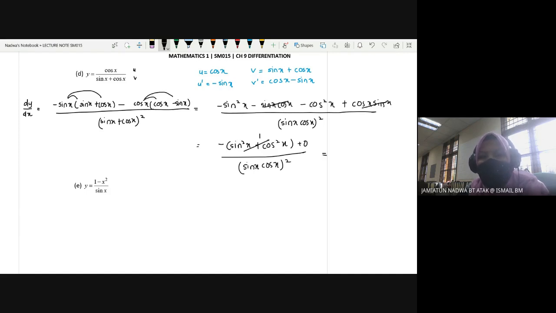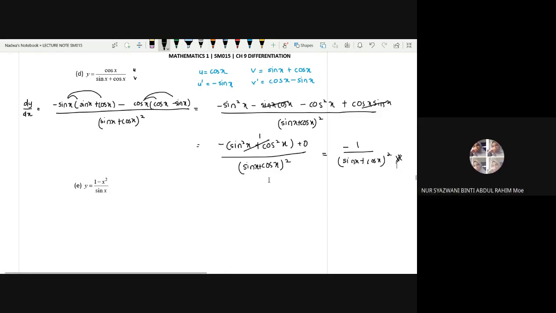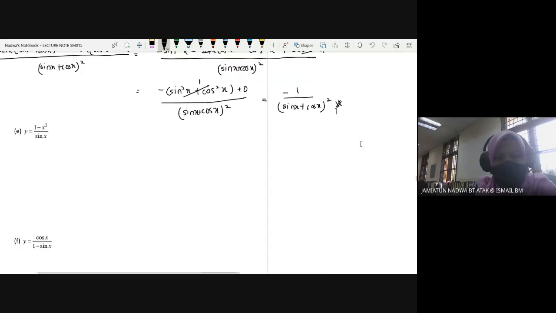So jawapan dia adalah negative 1 over sin x plus cos x kuasa 2, hilang dah plus dia. So ini jawapan akhir kita. Okey, boleh tak anak-anak semua? Boleh, Madam. Okey, seterusnya.